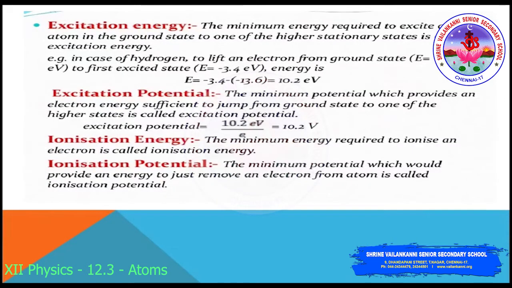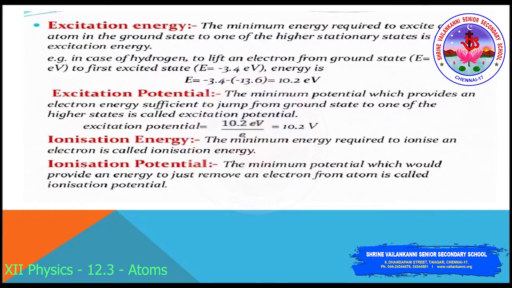The excitation potential is the minimum potential which provides an electron with energy sufficient to jump from the ground state to a higher state. We can say the excitation potential is 10.2 electron volt divided by e, so you will get 10.2 volt. Then, what is ionization energy?